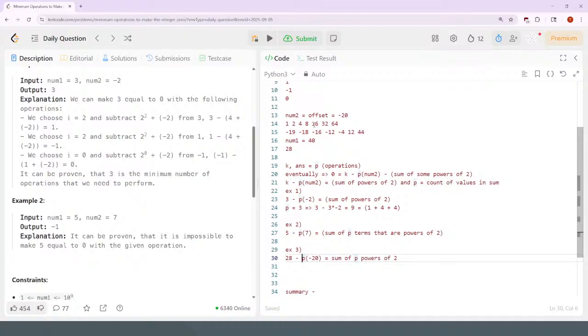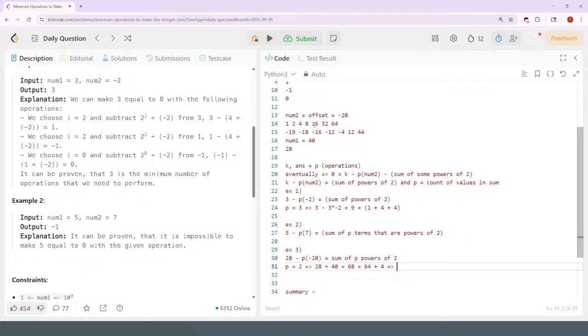Huh. So p is 1. This is saying ends up being 48. P is 2 ends up being 68. And 28 plus 40, 68, which is 64 plus 4.